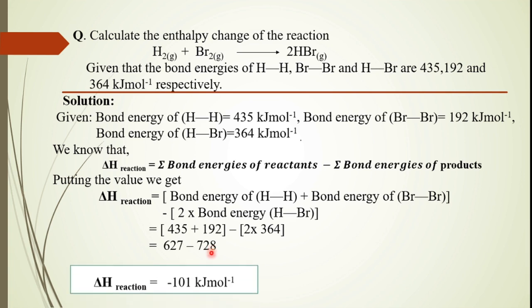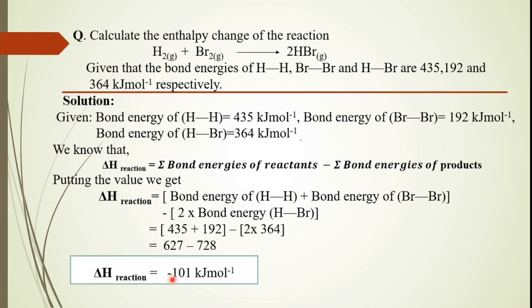So the answer is minus 101 kilojoule per mole. So the enthalpy of reaction is equal to minus 101 kilojoule per mole. Is it clear to you now? Okay. So here we will stop our lecture. Thank you. Thank you so much.